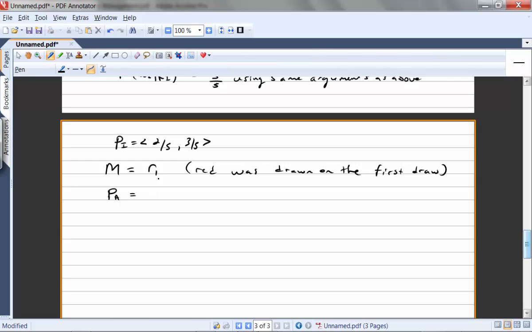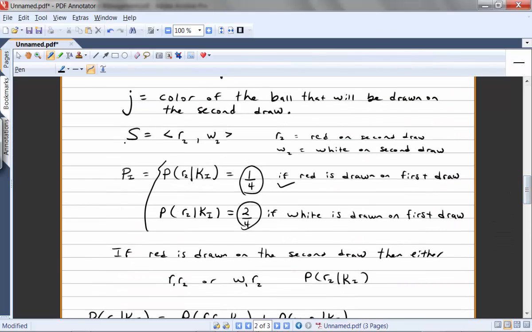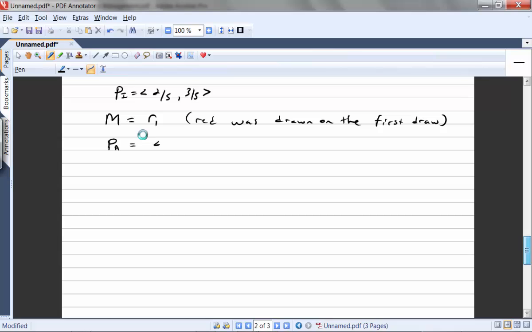After knowing that red was drawn on the first draw, what's the probability that red will be drawn on the second draw? Remember the states. Well, there are 4 left. One of them is red, so a fourth. What's the probability that white will be drawn on the second draw, knowing that red was drawn on the first draw? There are 4 left. 3 of them are white. Notice the probabilities always have to sum to 1. Always.